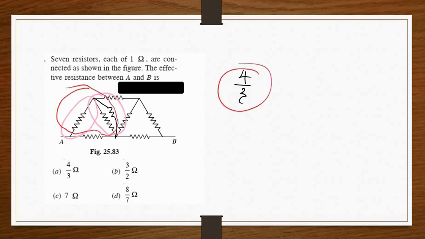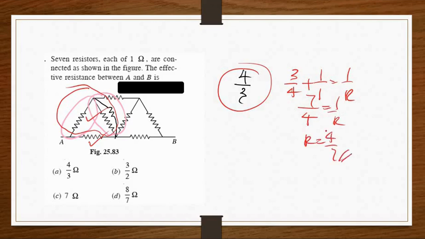So then we can add this part and this resistor in parallel mode. So it's 3 over 4 plus 1 over 1 equals 1 over R. So we get 4 as common denominator, 3 plus 4, 7. So 1 over R, we get R equals 4 over 7, right.